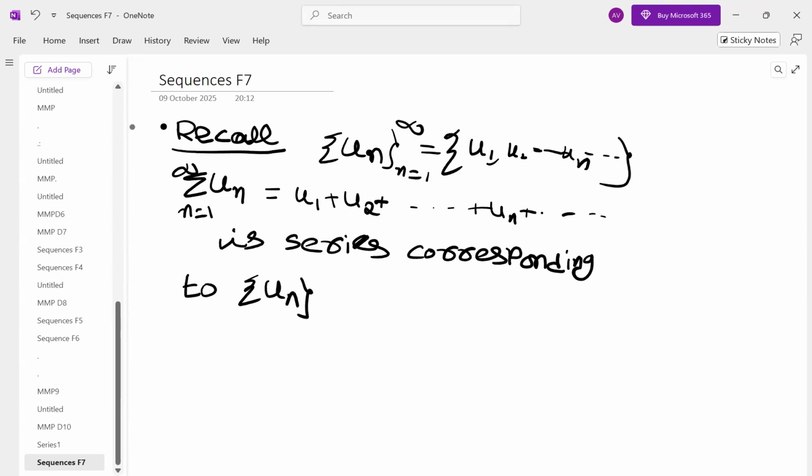Then the question arises, when is this series said to be convergent? When is a sequence said to be convergent? We have done earlier. The sequence will be convergent if the limit as n tends to infinity of the sequence is finite and unique.